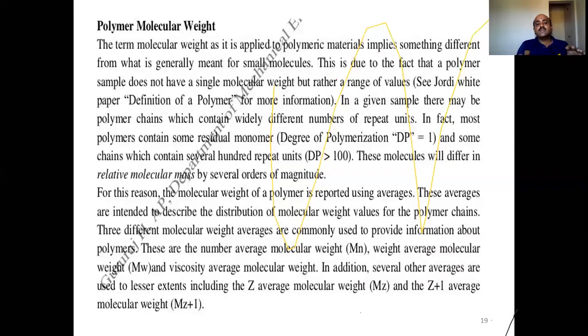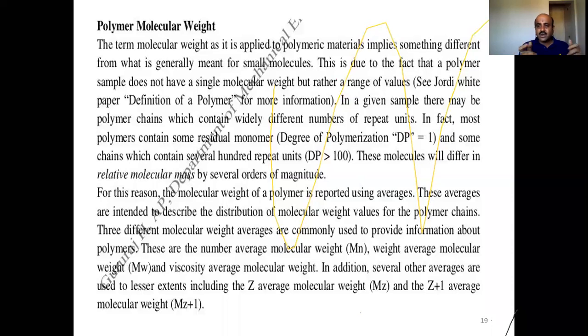Why I'm talking about this concept here is that when you calculate the molecular weight of a polymer, it is not like how you calculate it for a simple compound or a small molecule.